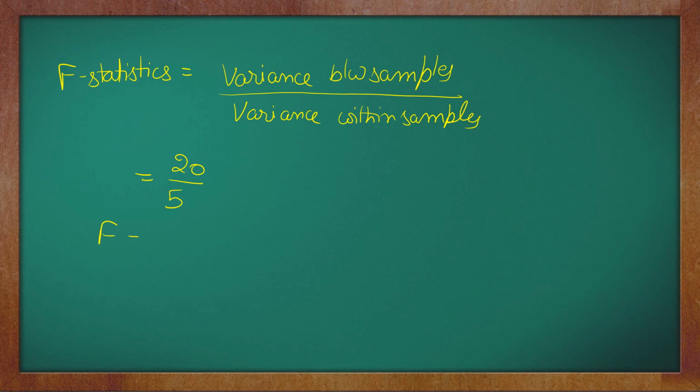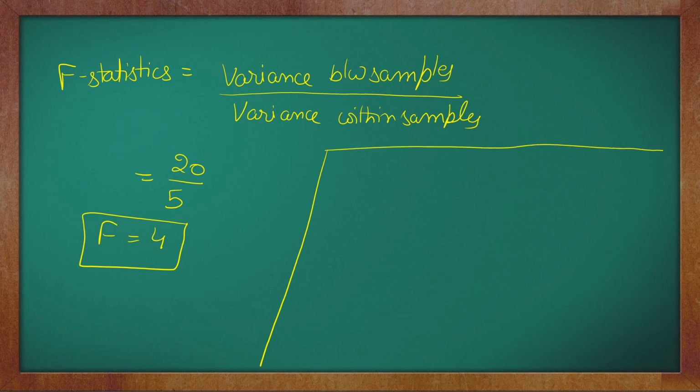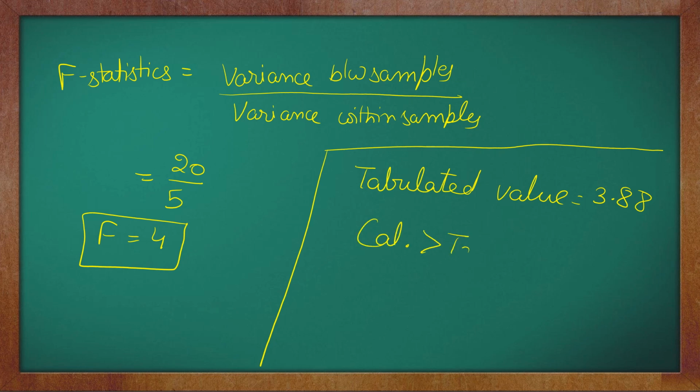So the F value is 4. This is my calculated value. The table value is already given in the question. What was the tabulated value mentioned in the example? 3.88. So my calculated value is greater than the tabulated value, so definitely I have to reject the null hypothesis.